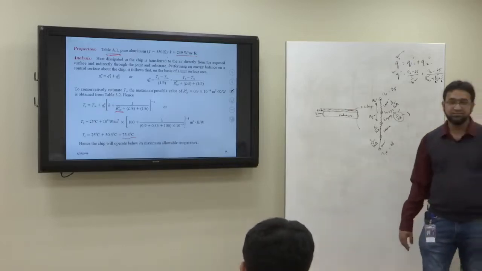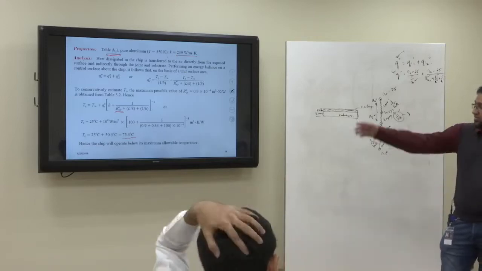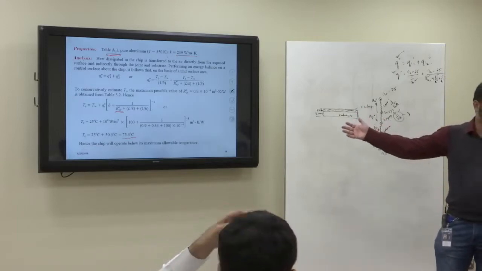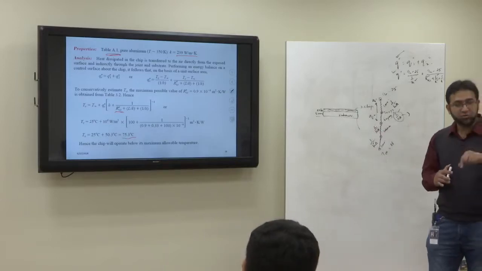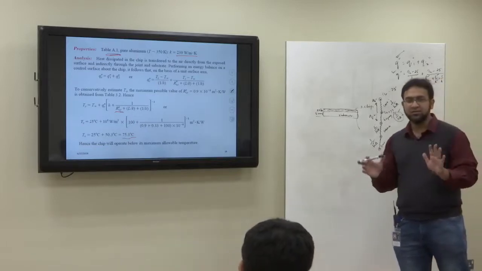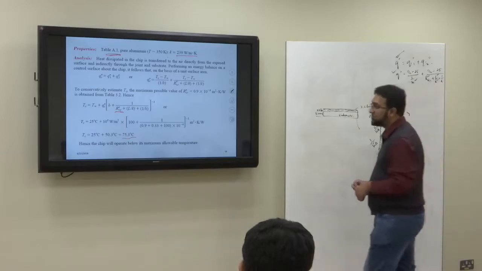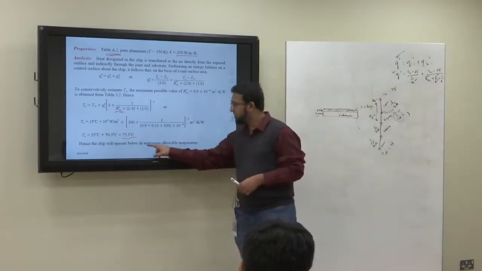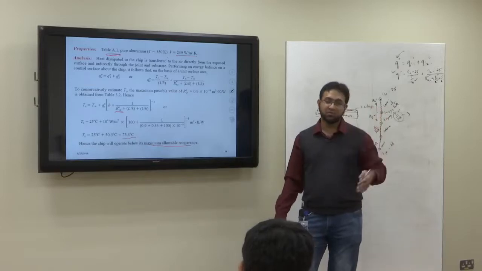This is the maximum temperature at which it is operating, and it is said that it should operate below 85 degrees centigrade. So the chip will operate below its maximum allowable temperature. Don't operate above 85 degrees.